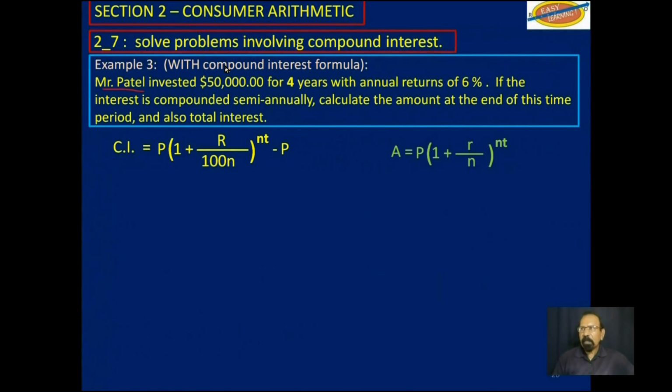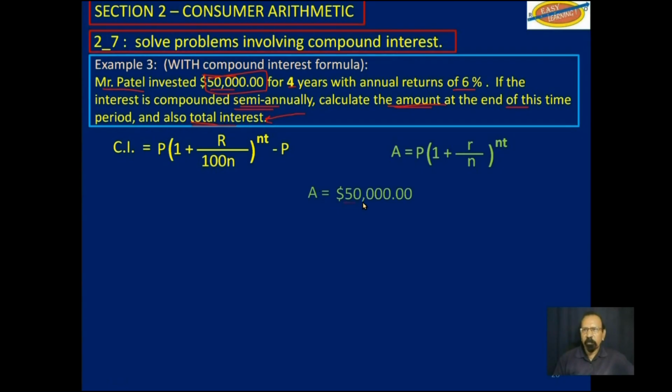Now, Mr. Patel invested $50,000 for 4 years with an annual return of 6%. If the interest is compounded semi-annually, calculate the amount at the end of this time period and also the total interest. Now, this is kind of redundant because if you know the amount, you just subtract the $50,000 from it and you will get the interest. So let's calculate the amount.